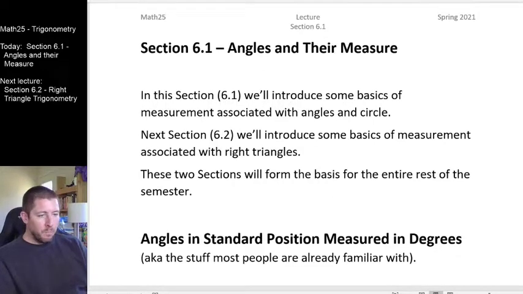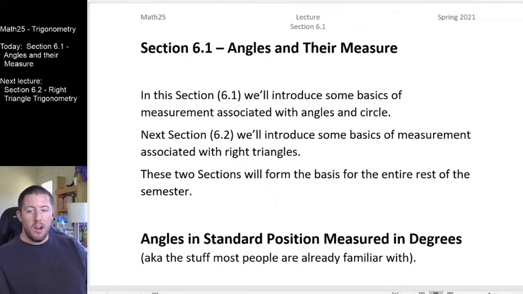Very importantly, sections 6.1 and 6.2 are not necessarily terribly difficult, but they absolutely are the cornerstone of the entire semester. In section 6.1, we introduce some basics of measurement associated with angles and circles. In section 6.2, we'll introduce some basics of measurement associated with right triangles.